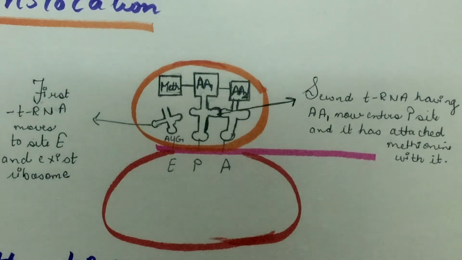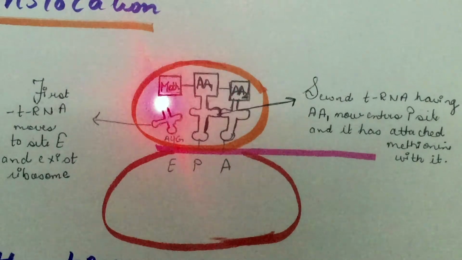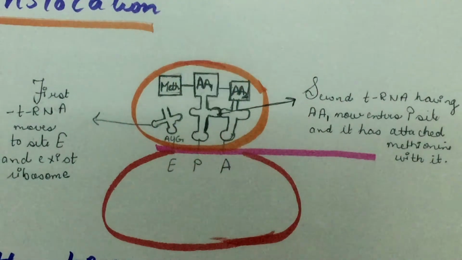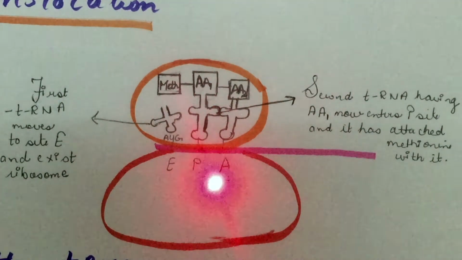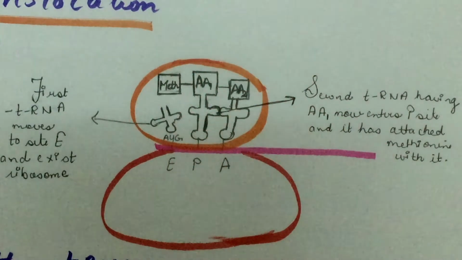But remember that when the tRNA moves away from the E site, the amino acid which it was carrying, that is methionine, will remain attached to amino acid 1 because the peptidyl bond was already formed. Now another tRNA will enter the A site. Suppose it has amino acid 2 attached to it.